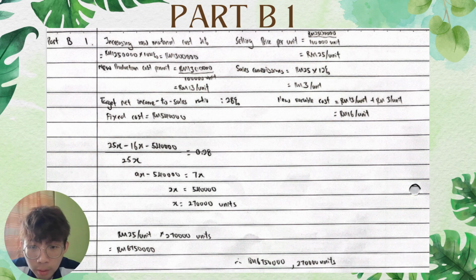Therefore, the amount of units that need to be produced to target the 28% net income ratio is 270,000 units, and the total amount to get is 6.75 million.